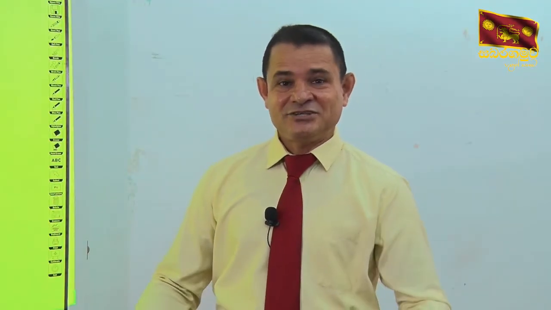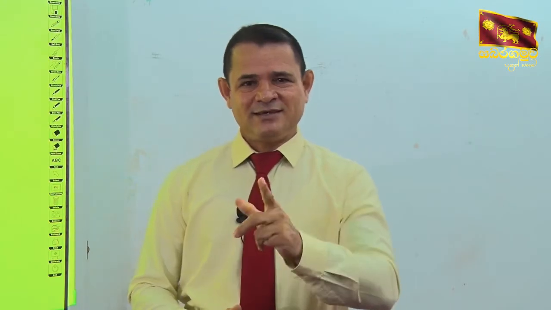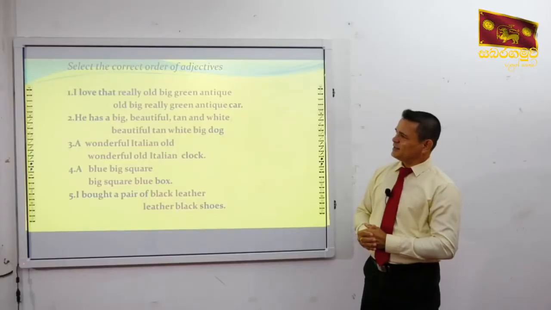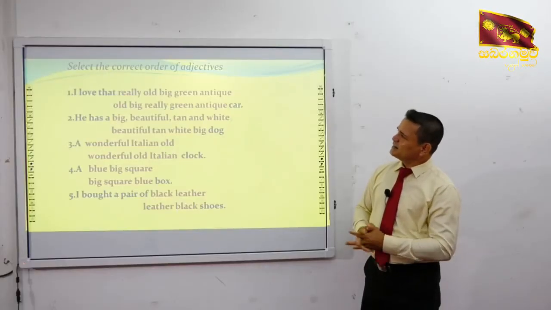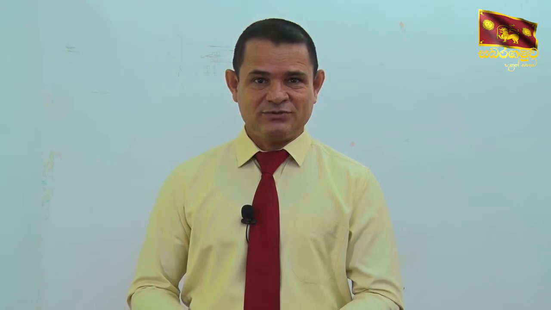Then let's try one exercise and see. I'm sure you will get all the answers correct in this one. Select the correct order of adjectives. Number 1: I love that really old big green antique car, or old big really green antique car. There are more than 2 or 3 adjectives, right?